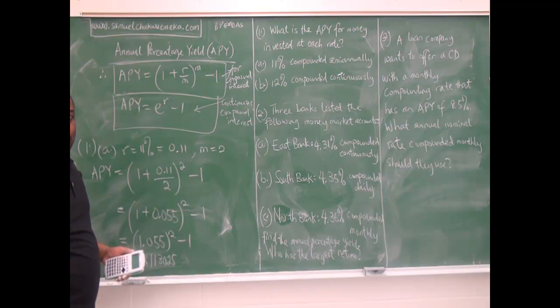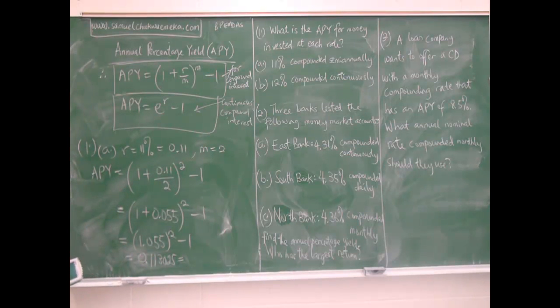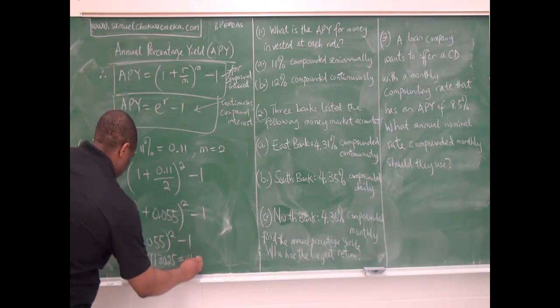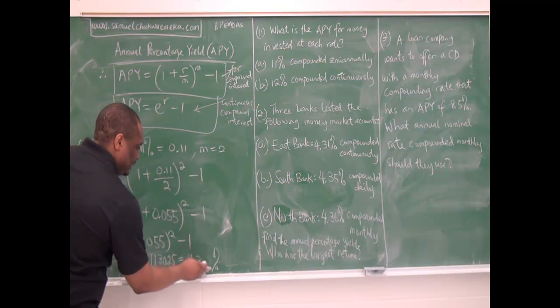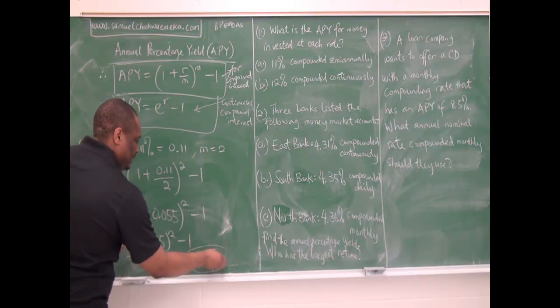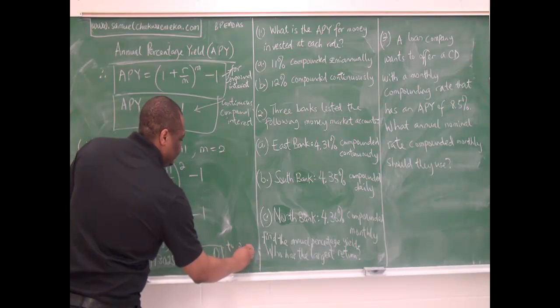When you want to find the answer, you convert it to percentage. When you want to use it, you convert it to decimal. So this is times 100, which is 11.302%, 11.303% to 3 decimal places. This is your answer.